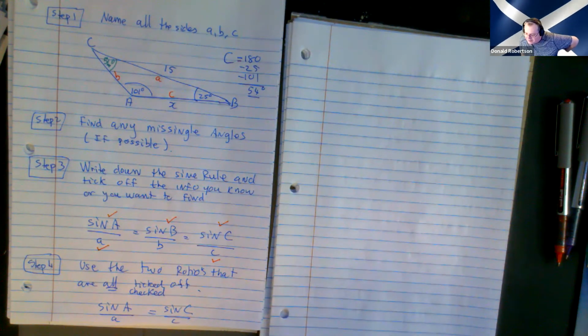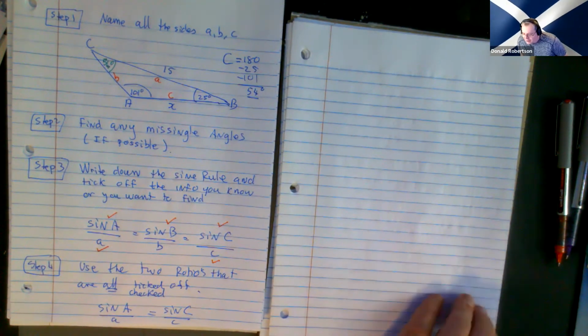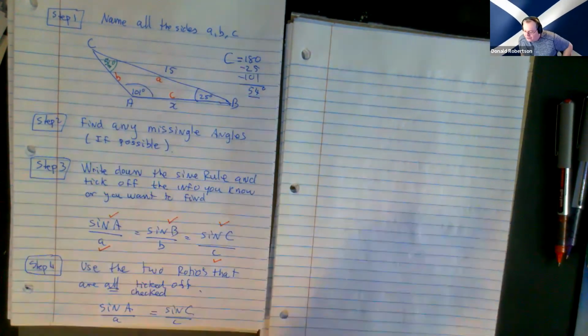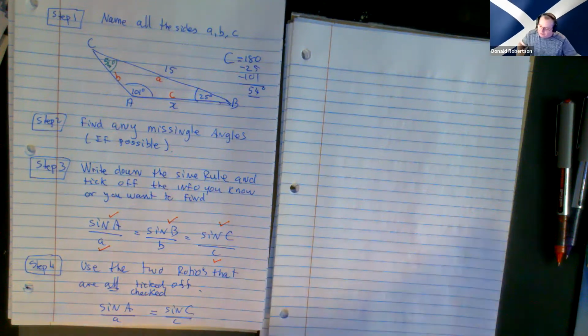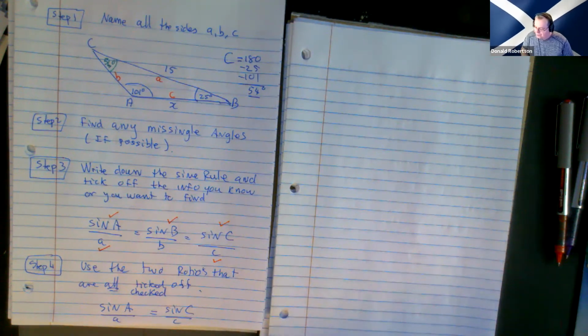Technically you could use the sine rule for a right angle triangle, but I wouldn't. This is for everybody else. So use the sine rule and the cosine rule for non-right angles and use SOHCAHTOA for right angles. Think of them as two separate groups of questions. If it's right angled, SOHCAHTOA. If it's just a normal triangle, everybody else, sine rule, cosine rule.